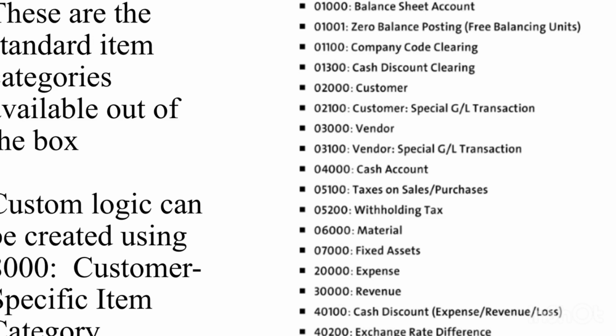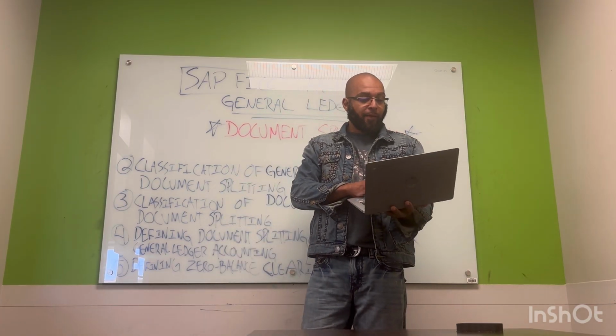And note the one on the bottom there, custom 80,000, customer specific item category. If none of those other standard item categories are good enough for you, you can make your own custom logic in that last one. Okay.